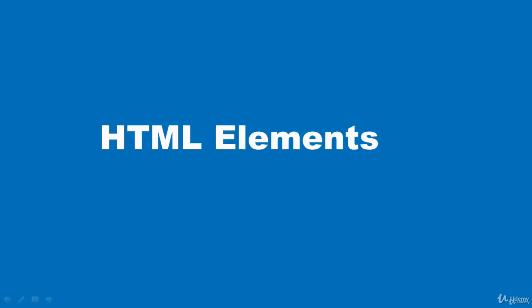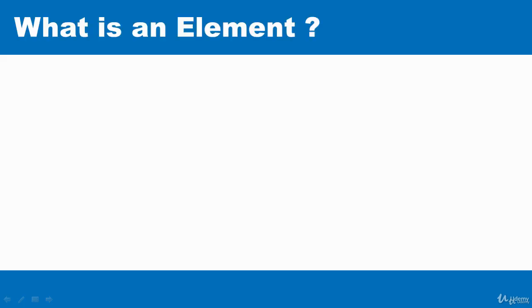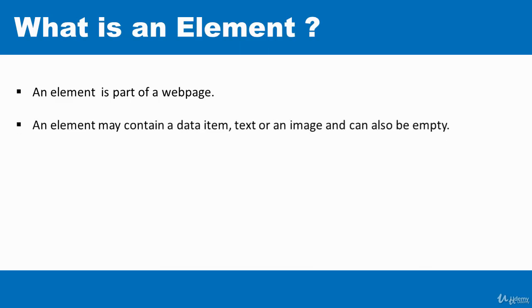In this video, I will walk you through a basic anatomy of an HTML element. What is an HTML element? An element is part of a web page. An element may contain a data item, text, or an image, and can also be empty.